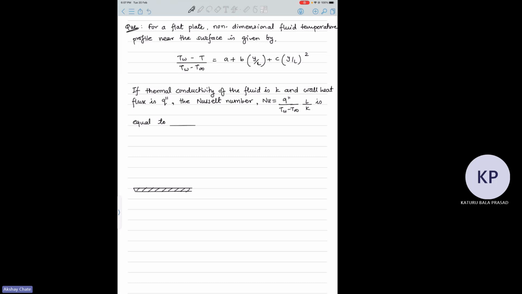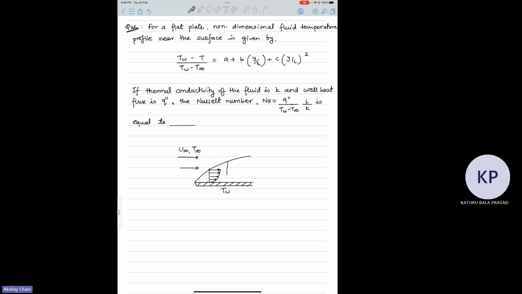Typically, okay, I'll just move it slightly here. As you can see in this question also, whenever there is flow with some velocity and some temperature T infinity, and let's say the wall temperature is T_w, in that case there will be a momentum boundary layer, which will be shown something like this, and this will be your free stream velocity at this point.